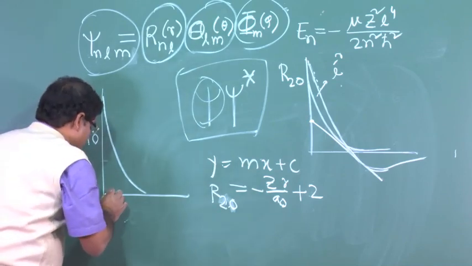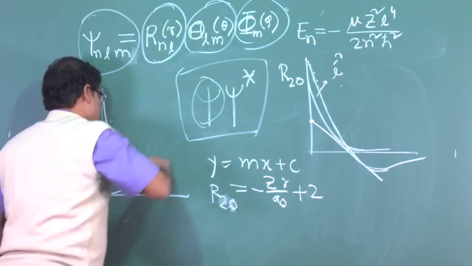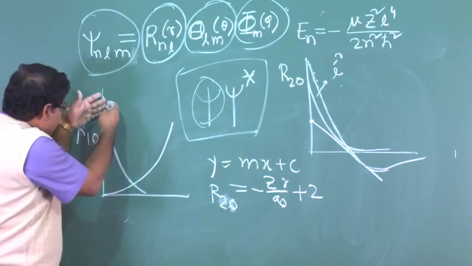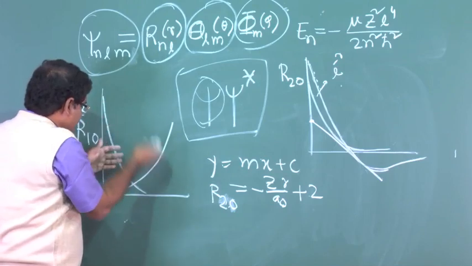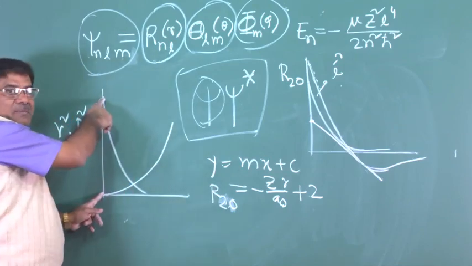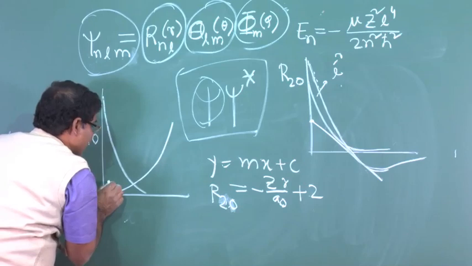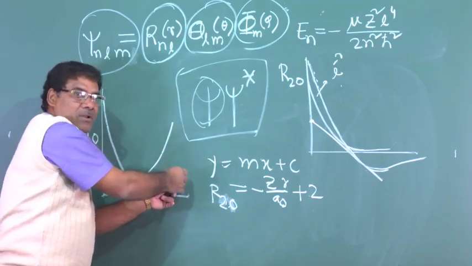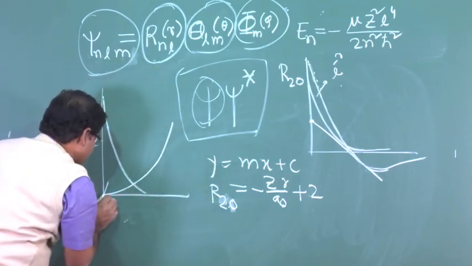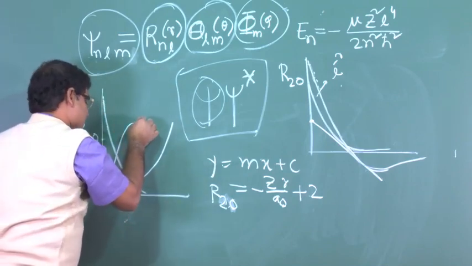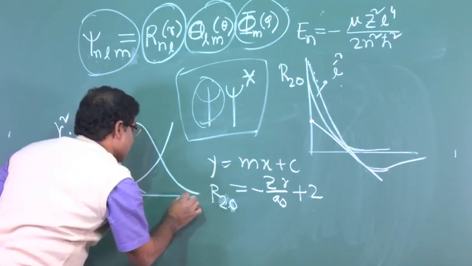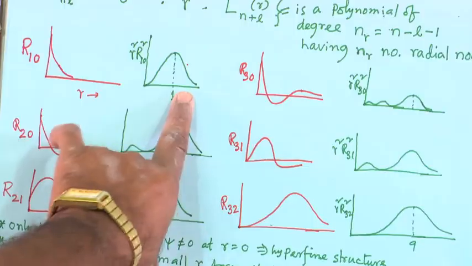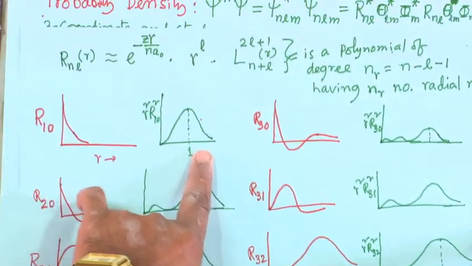So, it will be parabolic, and this kind of thing will be there. Now, if I multiply these two, 0 and this, it will be 0, okay. Now, here 0 and this value, so it will also go towards 0. So, that is why it will vary like this, and that is why I have drawn it here like this.